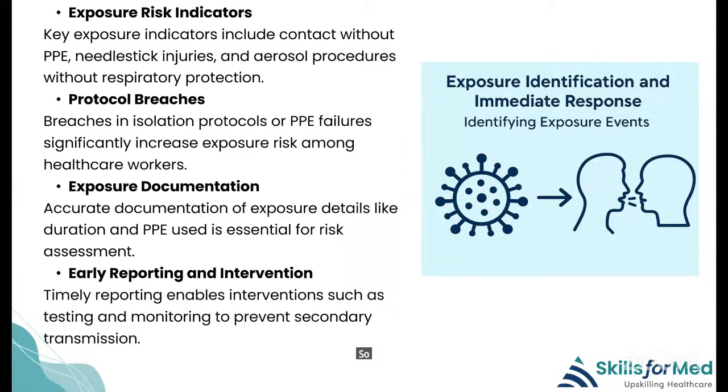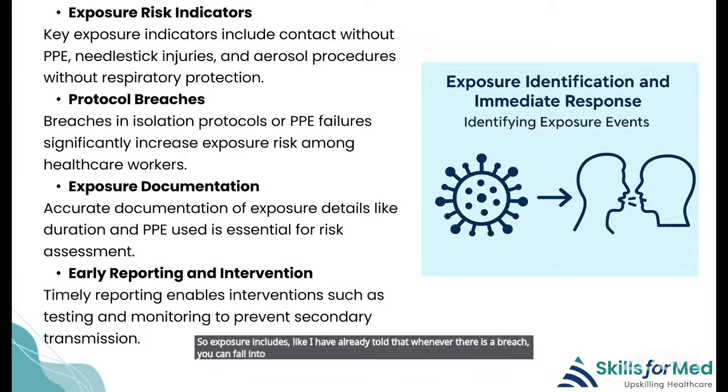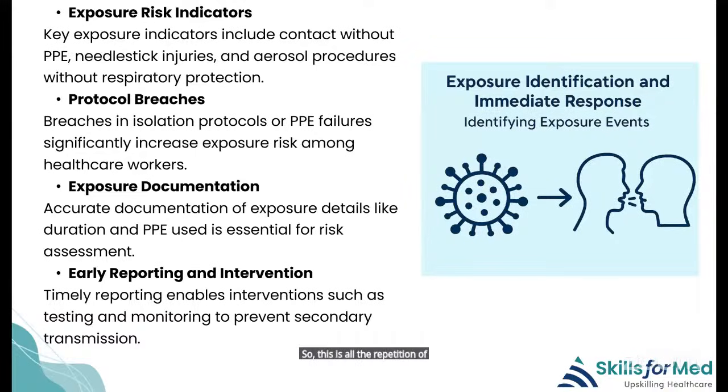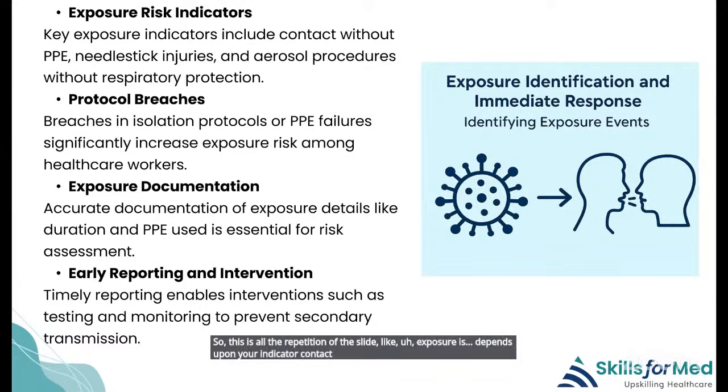Exposure risk includes, as I have already told, that whenever there is a breach, you can fall into any of the exposure risks. Exposure risk depends upon your indicator, contact, and breach of protocol. If you're not following PPE and hand hygiene, it will lead to exposure.